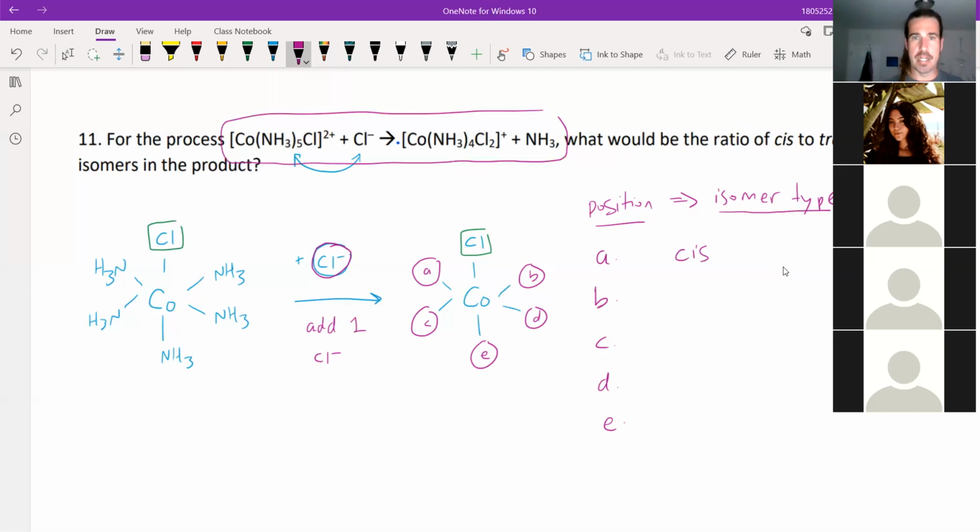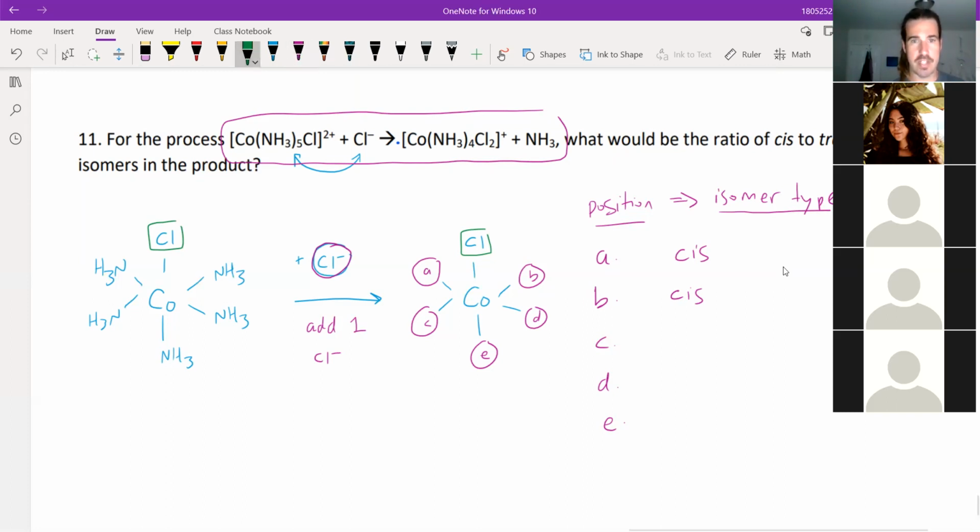So what would end up being different is if it replaced ammonia, and that's again based on the reaction. So if it goes to B, what would that be? That would also be cis. C? Would that be trans?